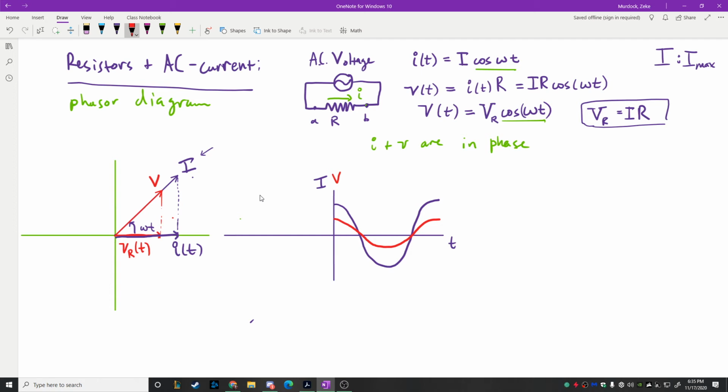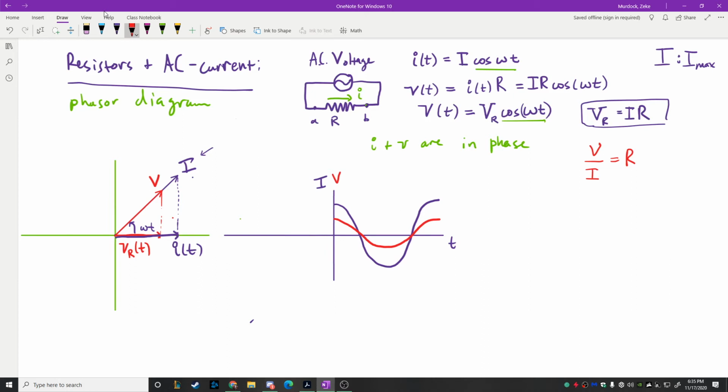All right. How do you know the magnitude of I is larger than V? It doesn't necessarily have to be. In this case, if I look at the length of I and the length of V, it really just tells me that V over I is equal to my resistance, right?